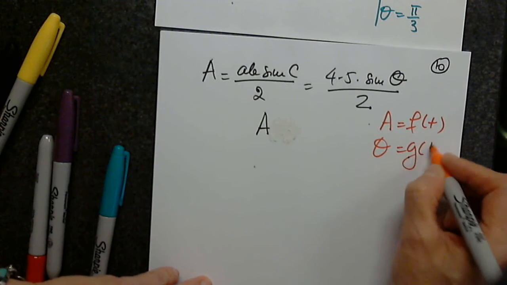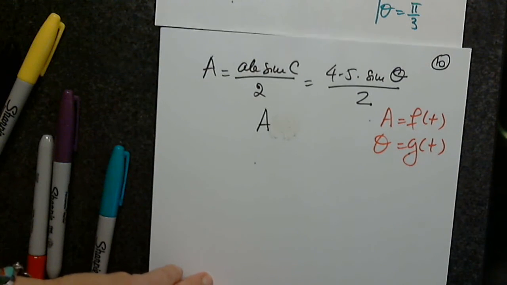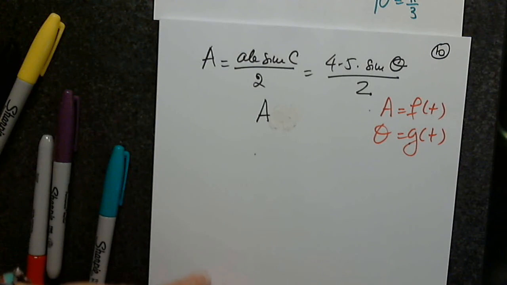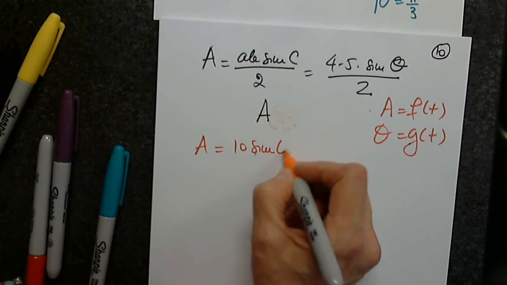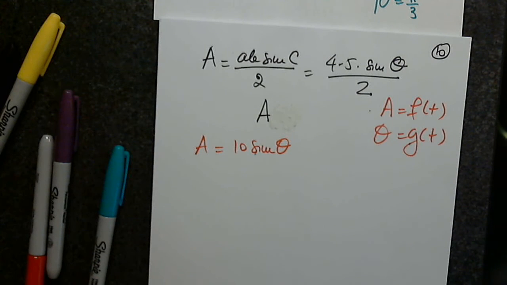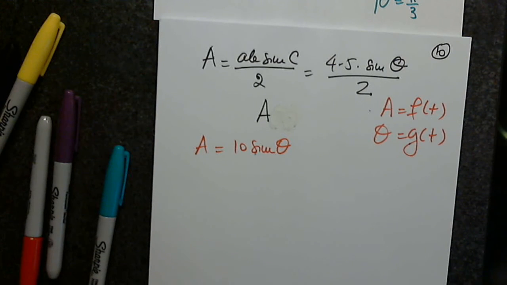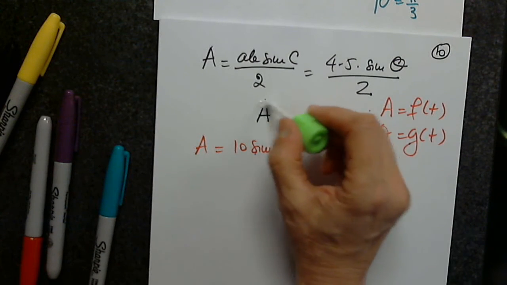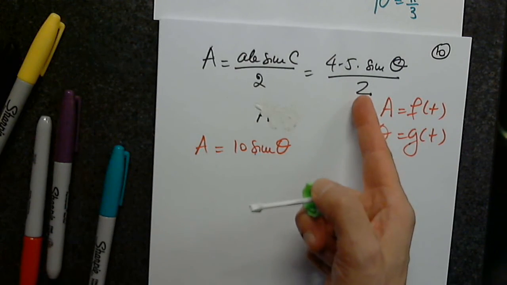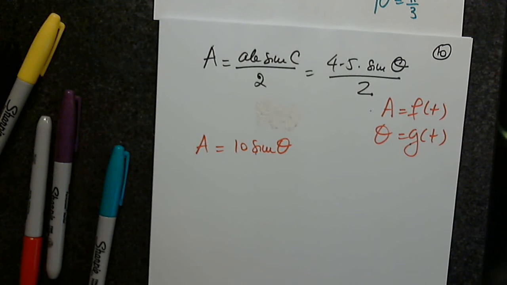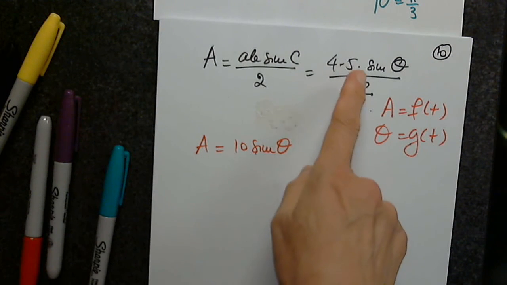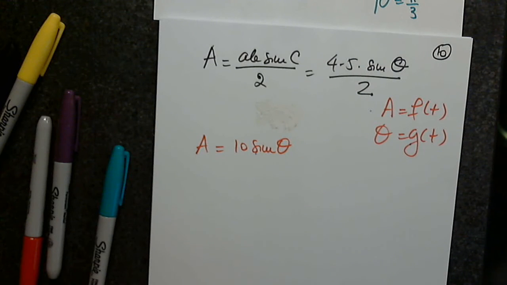Theta is another function of time. So A equals 10 sine theta. 4 times 5 is 20 divided by 2, 10. Is that okay?